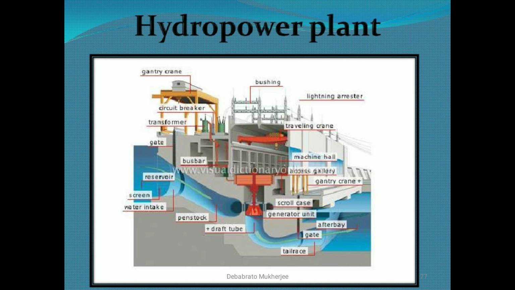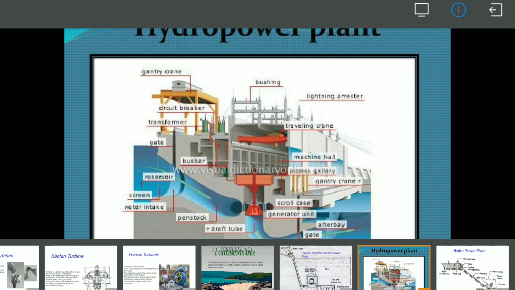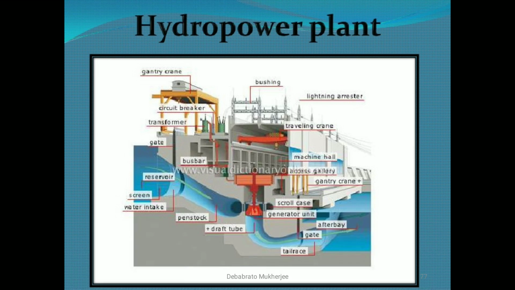This is the lightning arrestor, and bushings. Those are used so that during thunderstorms, the lightning does not damage all this equipment, because they are in the open environment.